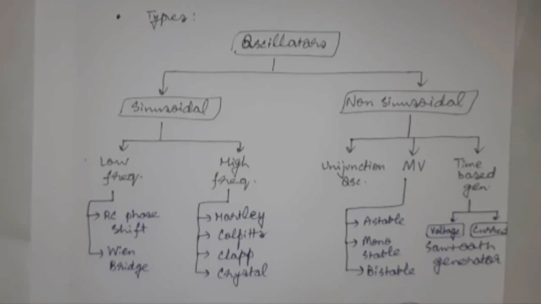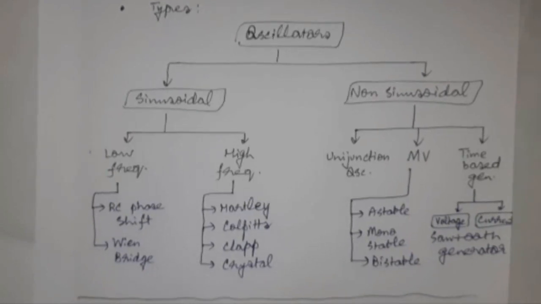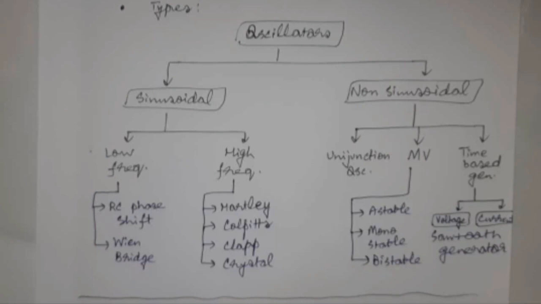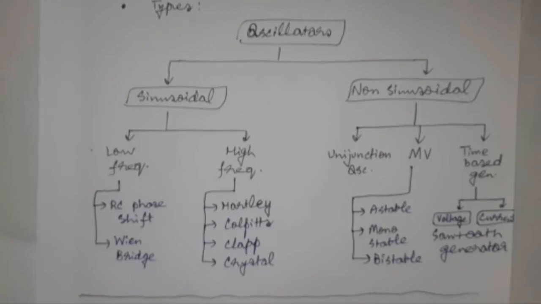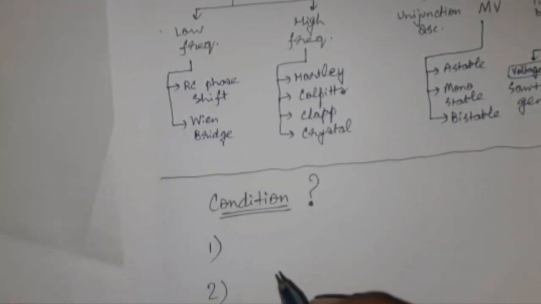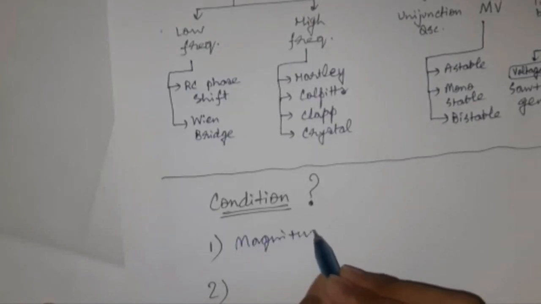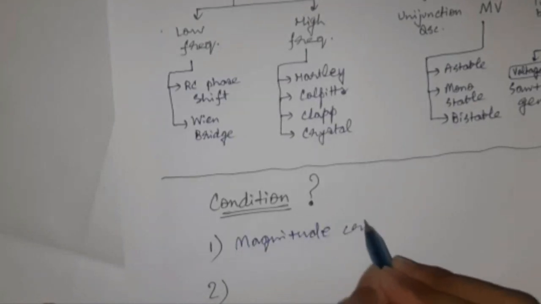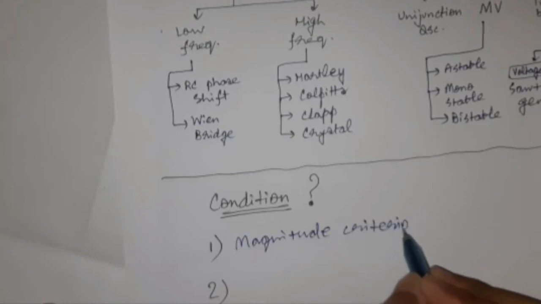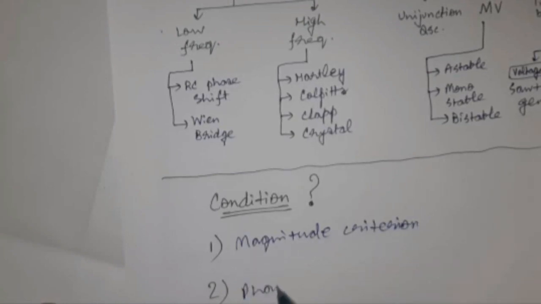So we have two conditions for oscillation. You might know that they are called the Barkhausen criterion for oscillation. The first is the magnitude criterion and the second is the phase criterion. Let us define these two.